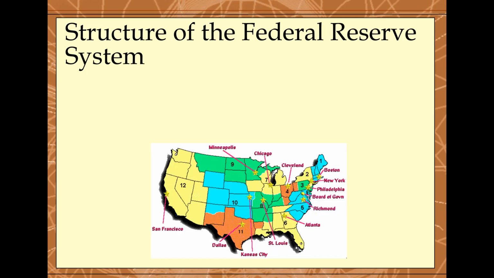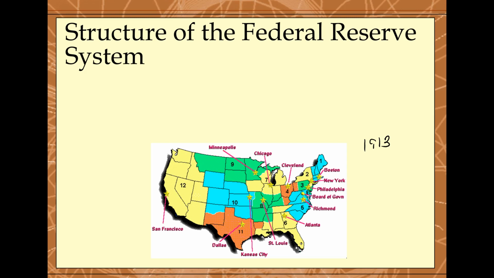Now, those 12 districts are laid out here. You can see it makes sense when you understand that the Federal Reserve was created in 1913, right? In 1913, New York was the financial hub of the United States, and so most of the economic activity was taking place on the East Coast.